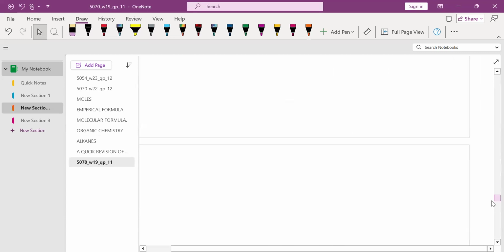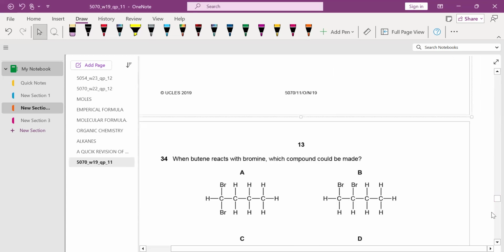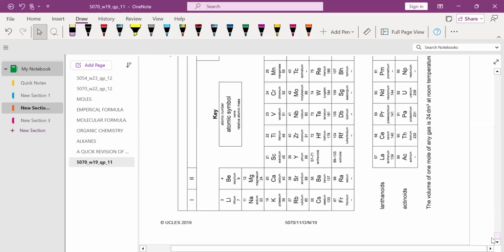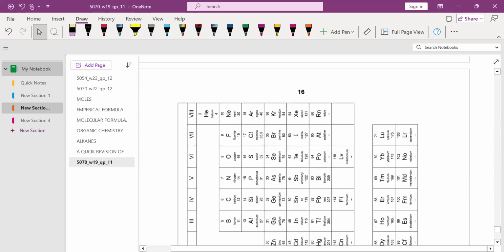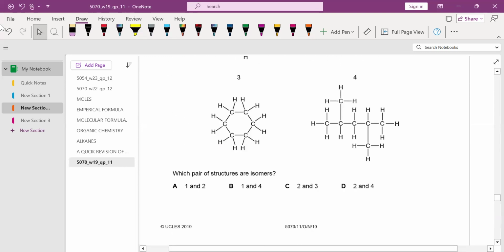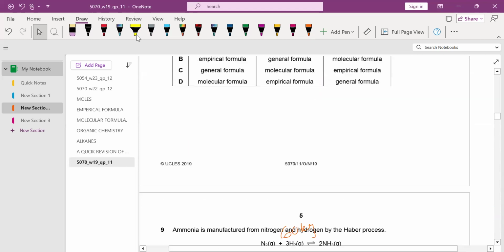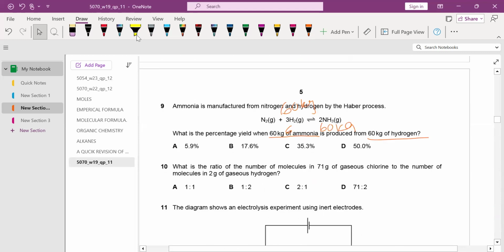The periodic table is given in P1 and P2 at the last page. So here's the periodic table. Using the periodic table, you will see the mass of nitrogen is 14, and the mass of hydrogen is 1. Now let's go up to the question again. Let me calculate the molar mass.